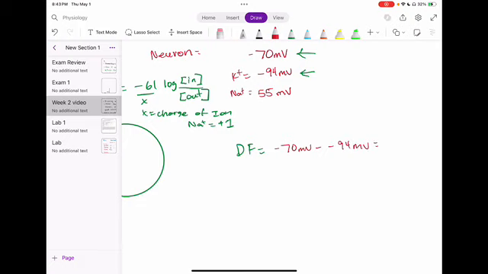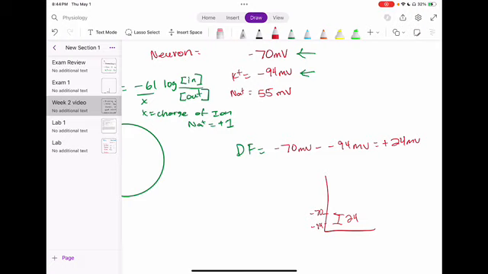That would give us a positive 24 millivolts. That's just finding the difference. If we have our chart with negative 70 and negative 94, that is just 24.